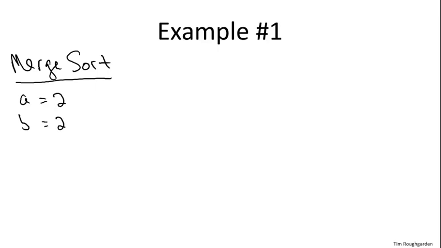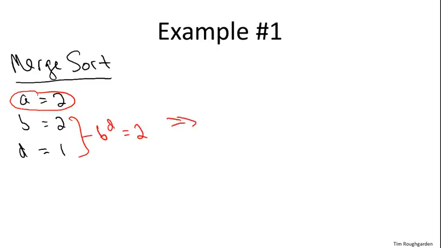And recall that outside of the recursive calls, all merge sort does is merge, and that's a linear time subroutine. So the exponent D is 1 in reflection of the fact that it's linear time. So remember, the key trigger which determines which of the 3 cases is the relationship between A and B to the D. So A obviously is 2, and B to the D is also equal to 2.